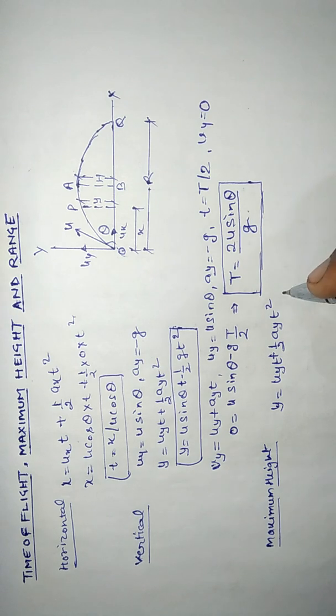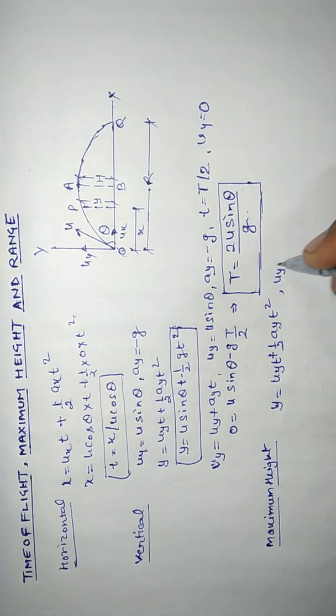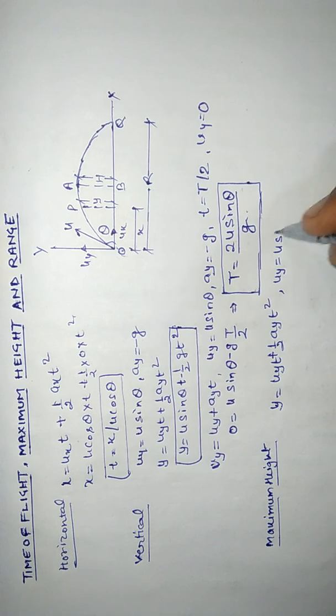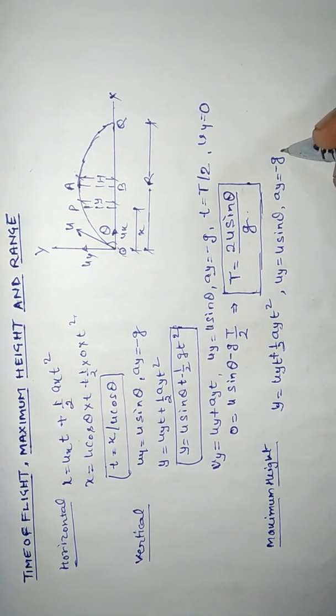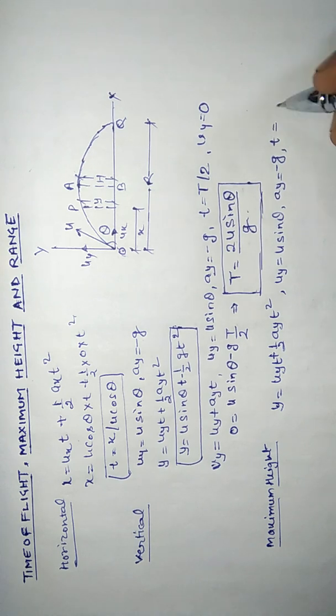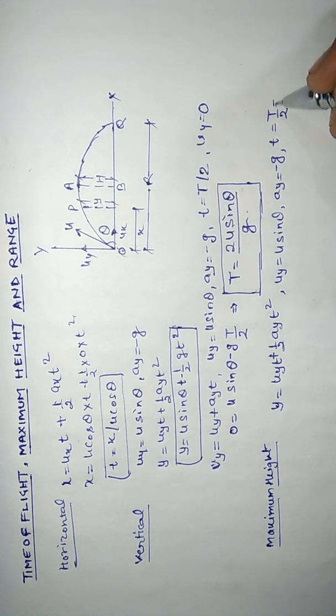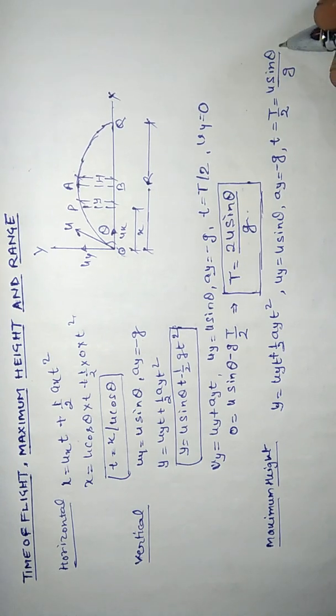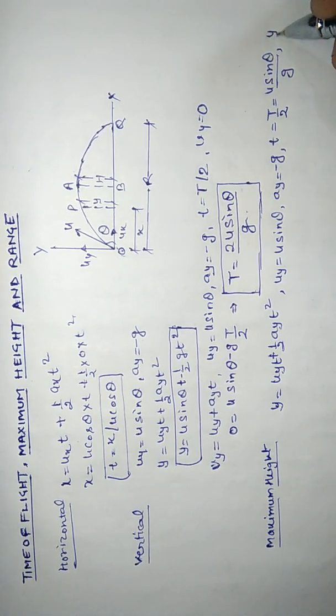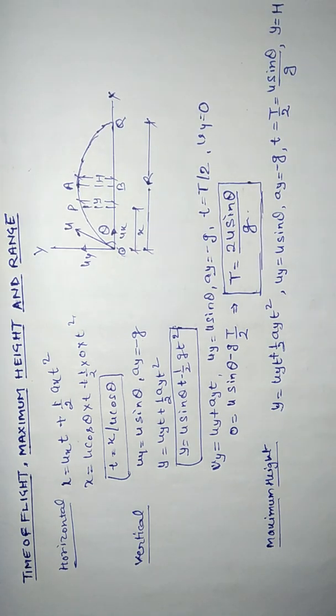Substituting the values of uy is equal to u sin theta, ay is equal to minus g, t is equal to t by 2, which is equal to u sin theta upon g, and the vertical displacement is h, so y is equal to h.